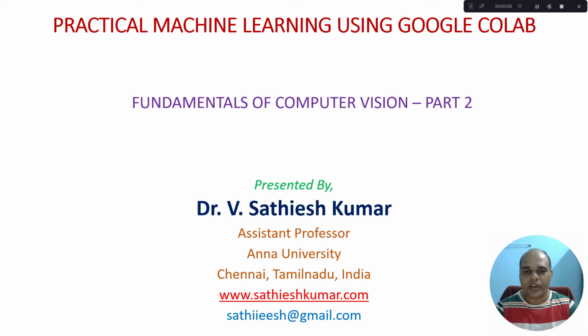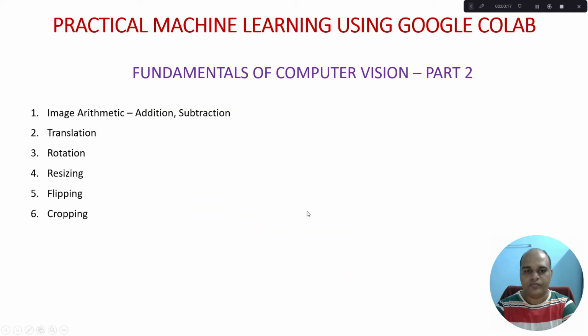In this video tutorial, I will be discussing the fundamentals of computer vision, part 2. I will be discussing image arithmetic: how to add two images, how to subtract two images, how to increase the pixel value, how to decrease the pixel value, and how to translate the image either towards the left or right side or towards the top or bottom.